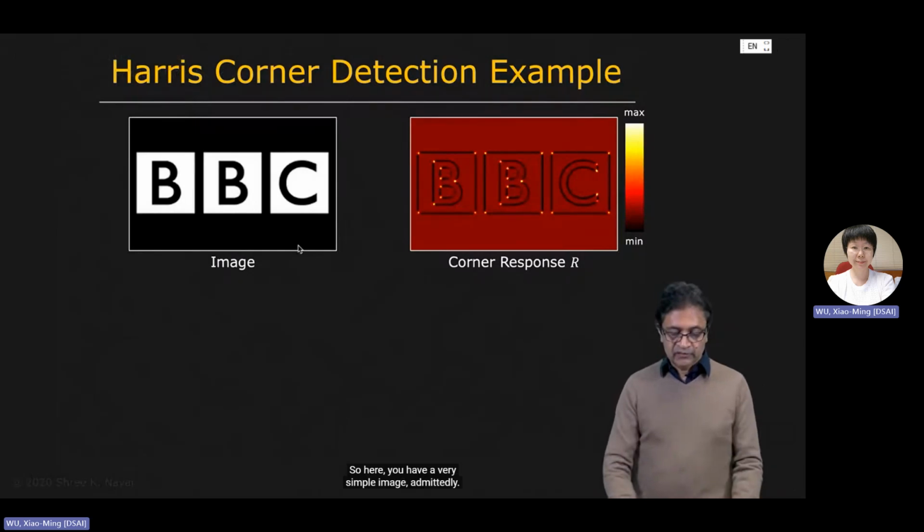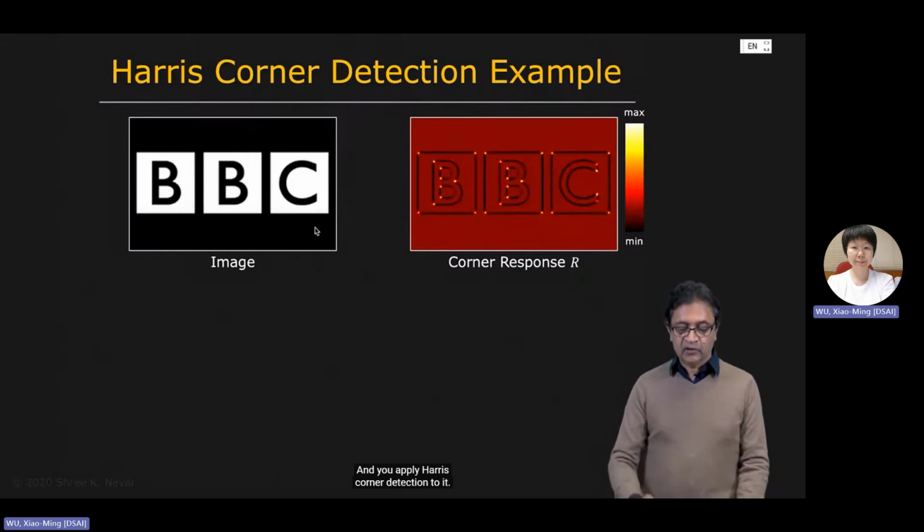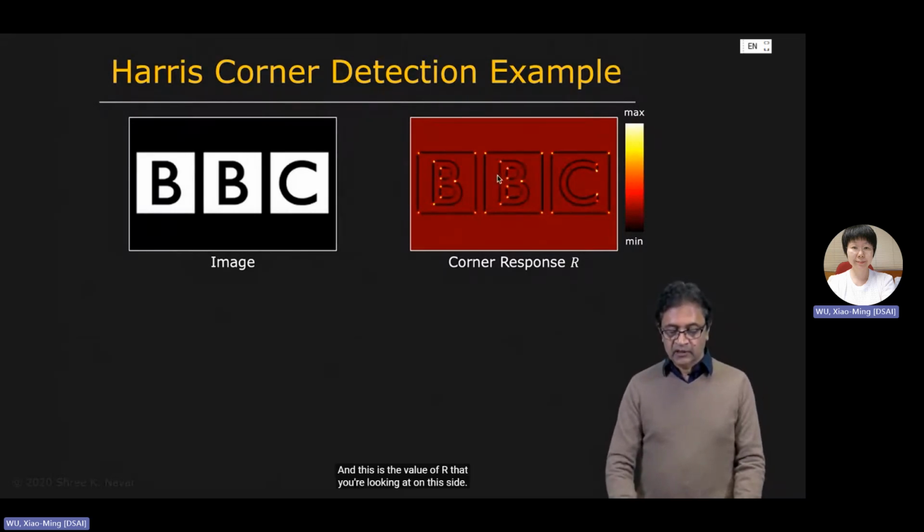So let's see how this works. Here you have a very simple image, admittedly, BBC, and you apply Harris corner detection to it. And this is the value of R that you're looking at on this side. R goes from dark values, so black represents very low values of R, white is large values, and you're going through shades of red and yellow.